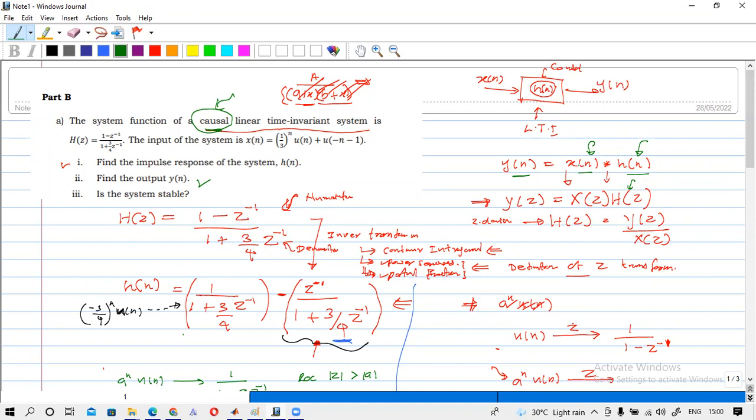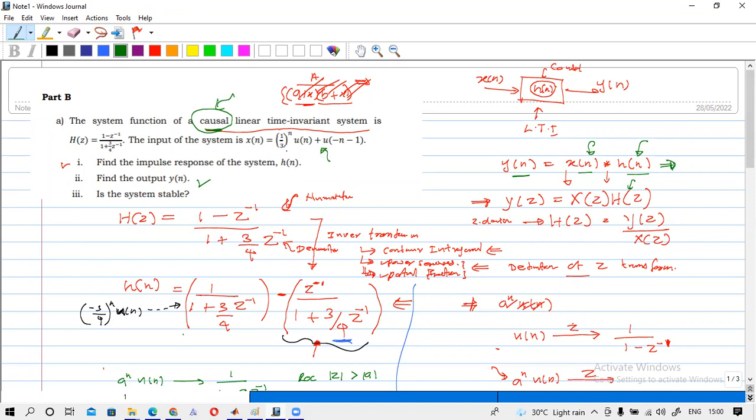Sometimes it may be difficult. So if you get any approach, that will be okay. But I hope the Z transformation technique may be somewhat easy, because we have to find the Z transform of this one only.